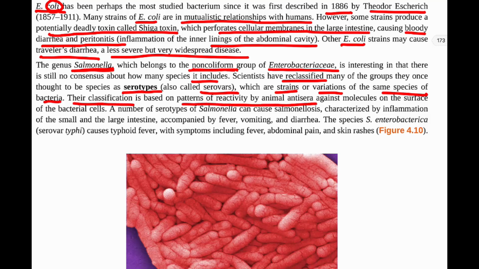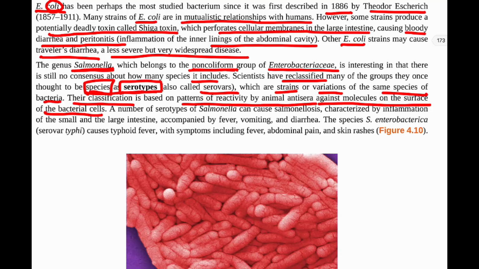They once thought that they were individual species. Now they're looking at serotypes because they react to different animal antisera.